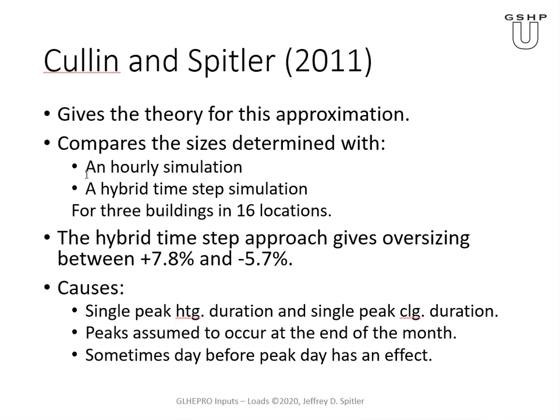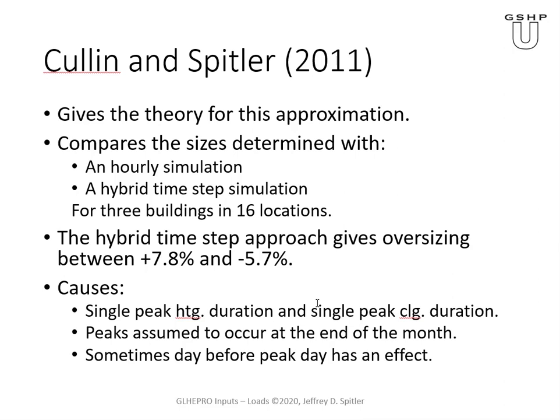And if you look at other errors in the sizing procedure, like errors in the thermal response test used to estimate the ground conductivity, several of those other errors are on the order of plus or minus 10%. So this is not an excessive error, but it does cause some uncertainty. And the causes, basically, you could say that using a single peak heating duration of the same length for every month, or the same length peak cooling duration for every month, can be one problem.